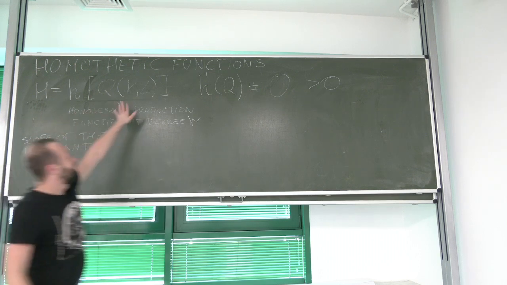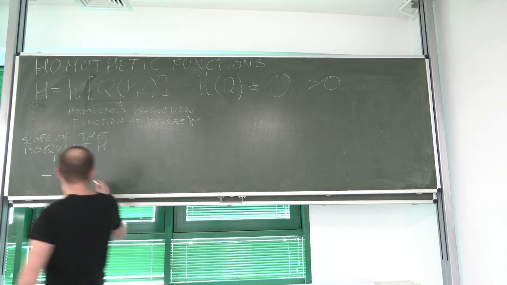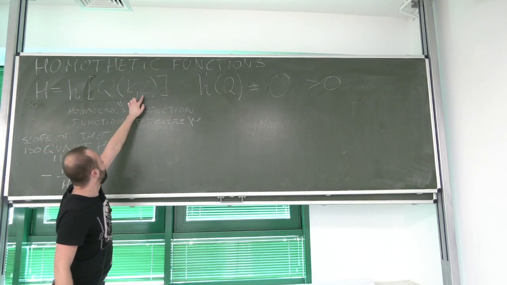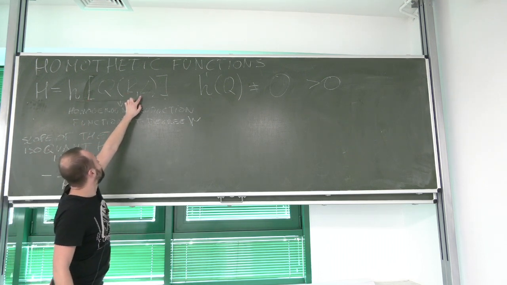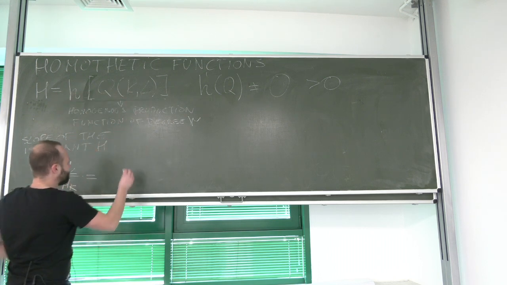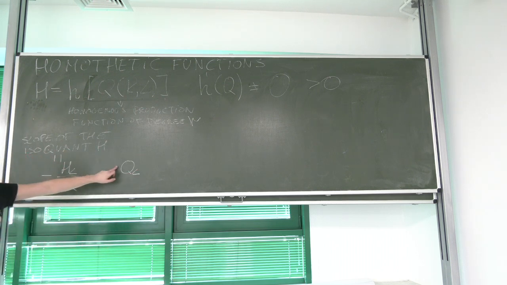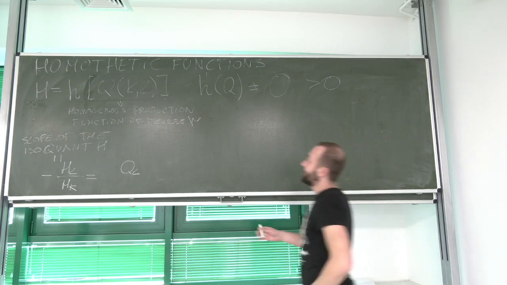However, we can easily find these derivatives using the chain rule, because first, in the numerator we need to differentiate this expression with respect to L, right? So we will get Q_L, and we need to multiply it by h prime of q, right?